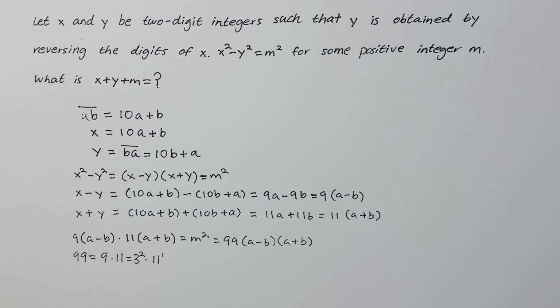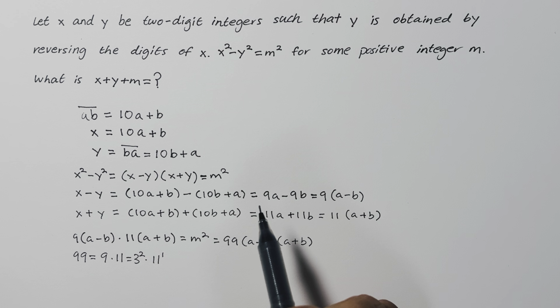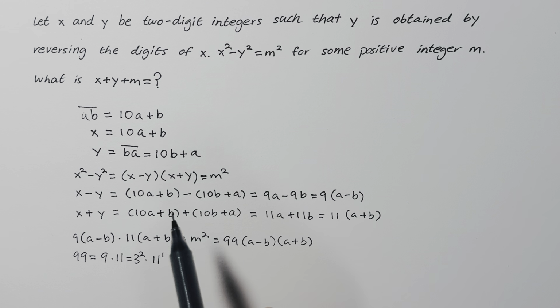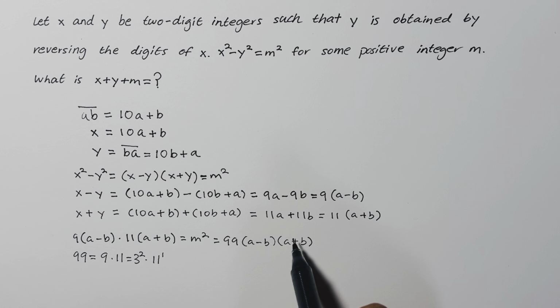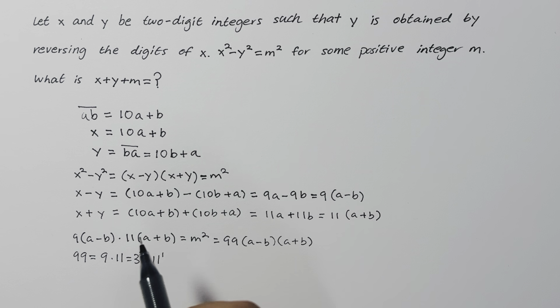Since 11 is a prime number, we have either a minus b or a plus b must be a multiple of 11. We can analyze our variables a and b here. A and b we know are both single digits from 1 to 9. What is the possible range for a minus b? The maximum of a minus b is 9 minus 1 equals to 8.